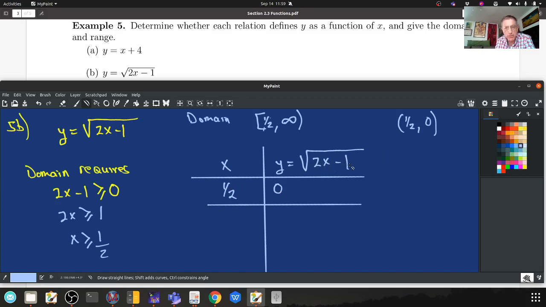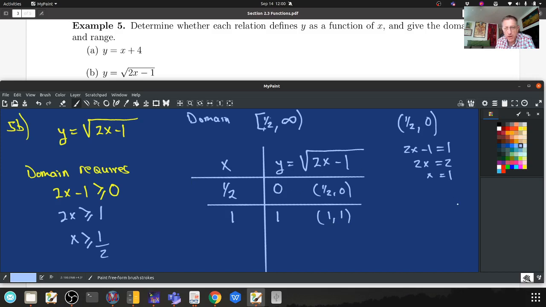Well, the square root of 1 is 1, so I want 2x minus 1 to equal 1. That implies 2x is equal to 2, so x is equal to 1. So if I take x to be equal to 1, then 2x minus 1 is 2 minus 1, which is 1, and the square root of 1 is 1. So I got another point. This point is (1/2, 0), and the next point is (1, 1).